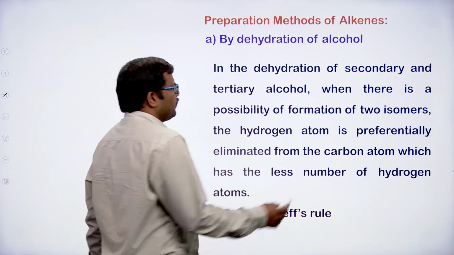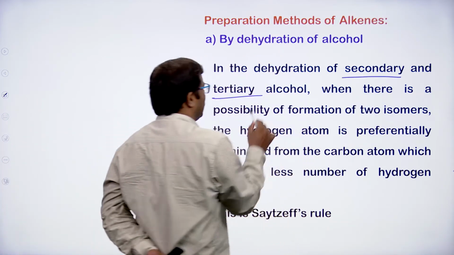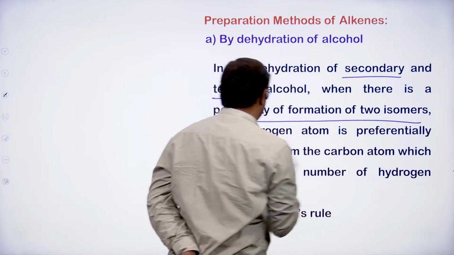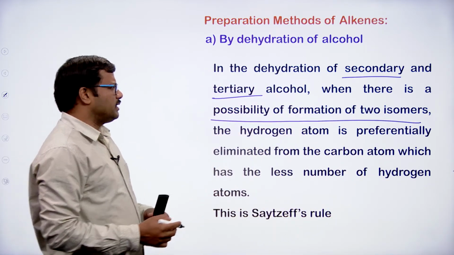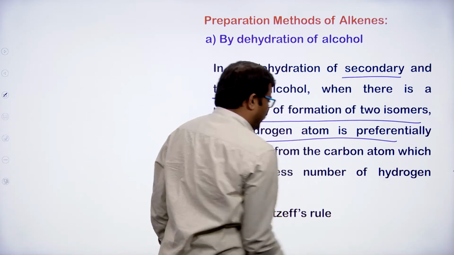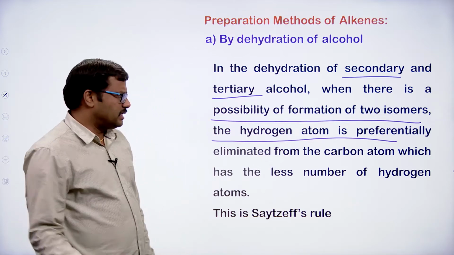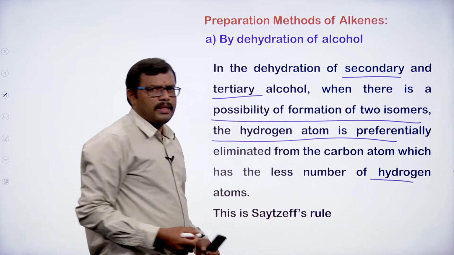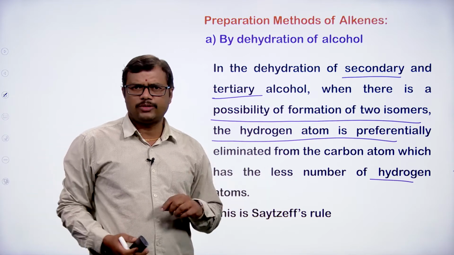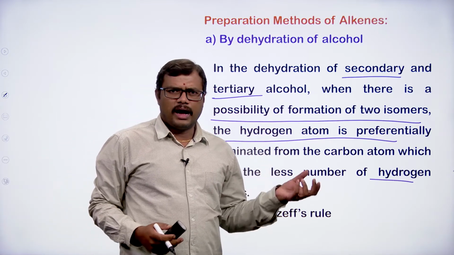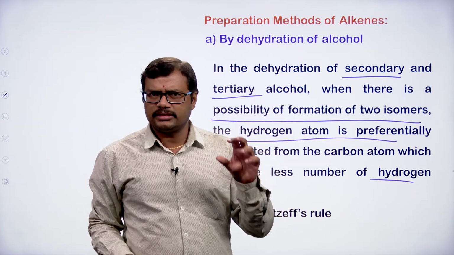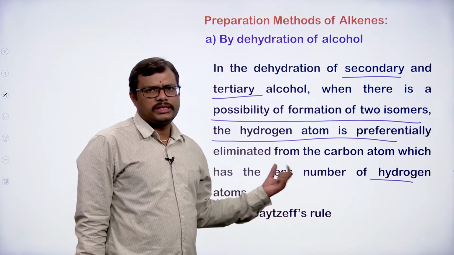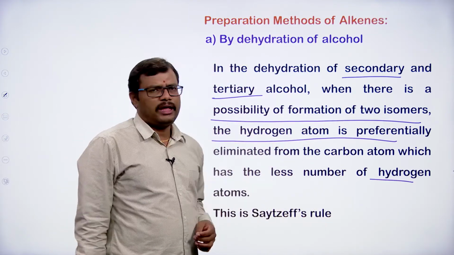Let us see the case of dehydration. For example, if we have a secondary and a tertiary alcohol, then there is a possibility of formation of 2 isomers. In that case, the hydrogen atom is preferentially eliminated from the carbon which has the least number of hydrogen atoms, and thereby we get a product.